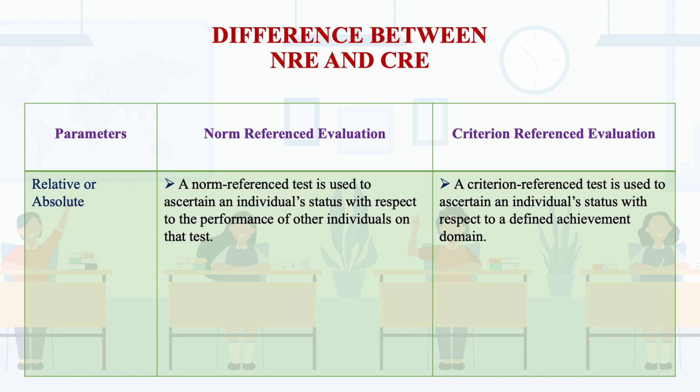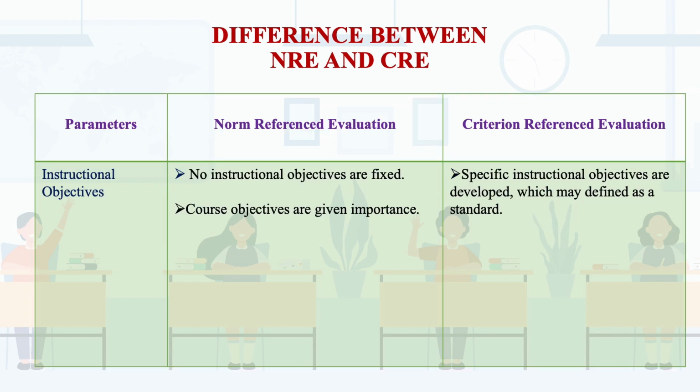Further, so far as the parameter of instructional objective is concerned, we can say that no instructional objectives are fixed in norm referenced evaluation. Course or program objectives are given importance, because it is concerned with a subject, with the entire content of a course.